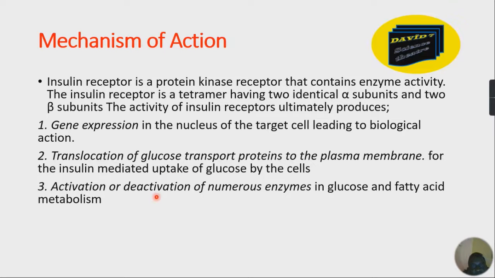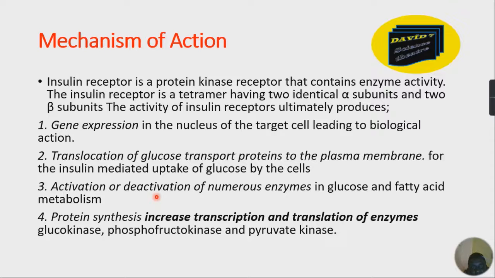Three, activation or deactivation of numerous enzymes in glucose and fatty acid metabolism. And four, protein synthesis will increase due to increased transcription and translation of enzymes, glucokinase, phosphofructokinase, pyruvate kinase. This one we know from glycolysis, and others.